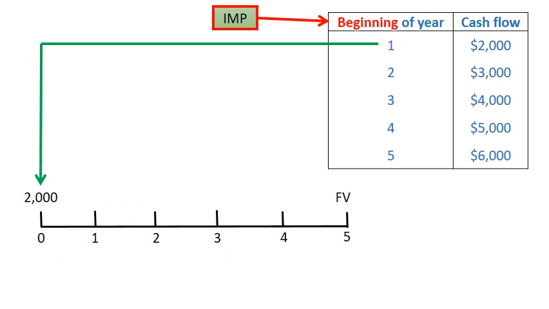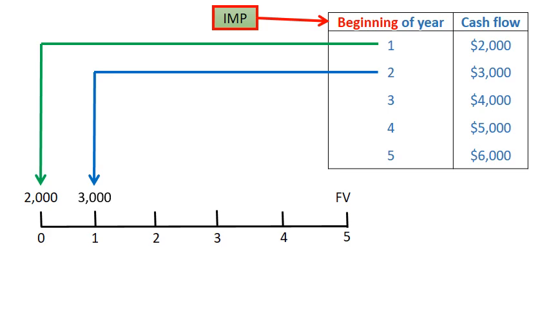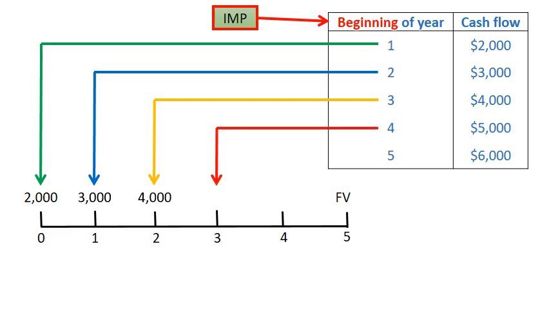The beginning of year 2 will be T equals 1. Beginning of year 3 will be at T equals 2. Beginning of year 4 will be T equals 3. And beginning of year 5 will be T equals 4. So the cash flow will be collected according to this timeline.